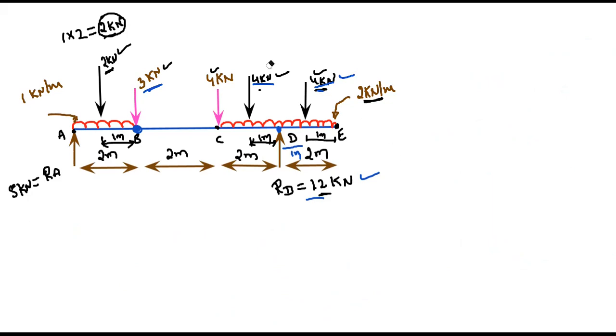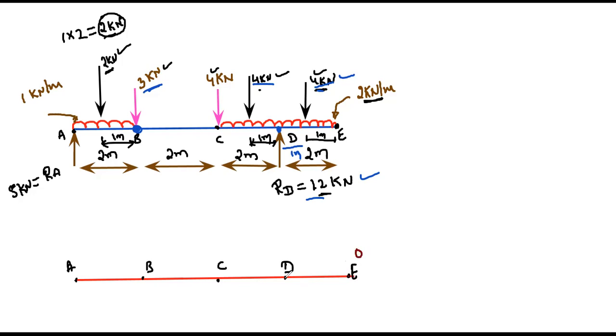To draw the bending moment diagram, first I need to take a reference line parallel to the given beam. So this is the reference line. Then I need to mark the points over there. These are the points: this is A, this is B, this is C, this is D, this is E. At point E, the bending moment is 0.